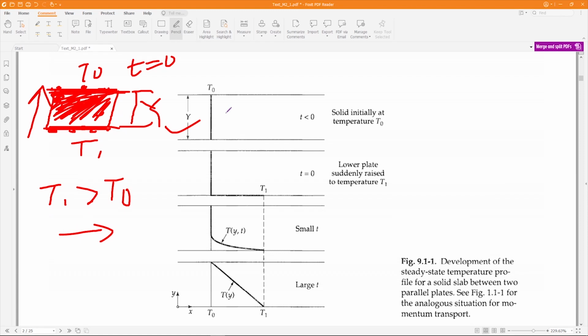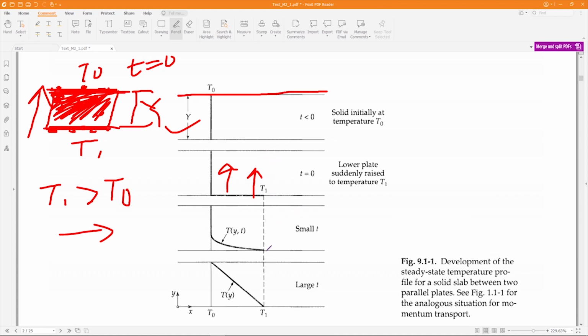Initially the top surface was at T naught, and suddenly I have increased the temperature of the bottom plate to T1. Now heat will flow in this direction until equilibrium is attained.